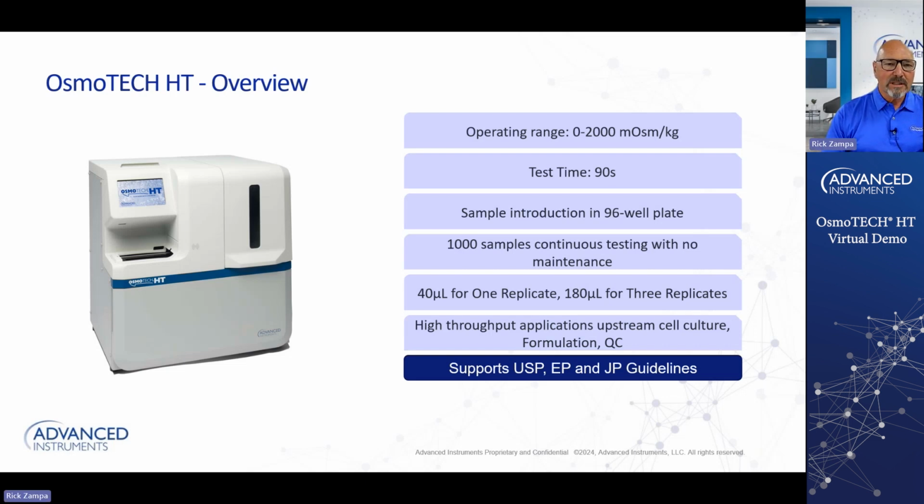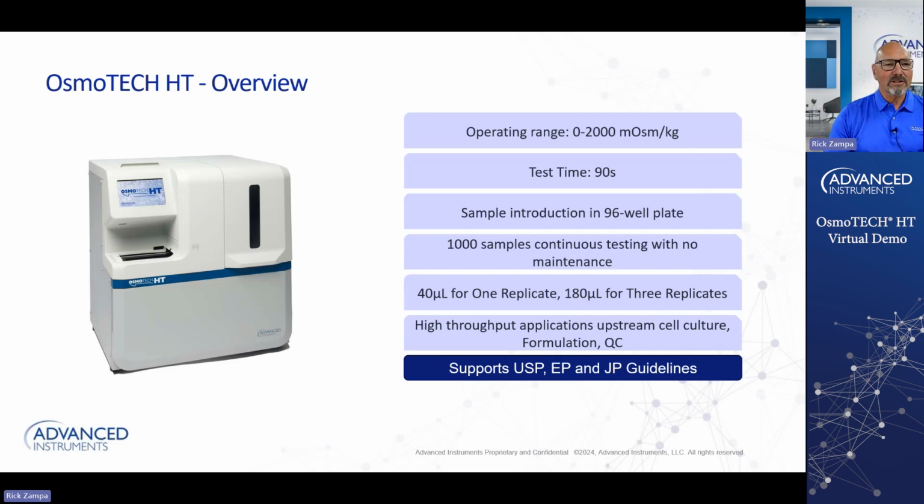We're going to spend time showing you how to run the samples and how well the OsmoTECH HT works with your data integrity and data compliance needs and guidelines. As you can see, it has a 0 to 2,000 milliosmole range. The test time is around 90 seconds. Sample introduction is through a 96 well plate format.